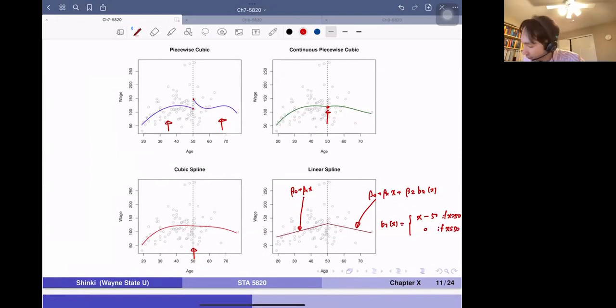In this way, we can smoothly change the trend. So this is the linear spline, just the first degree version of the spline.